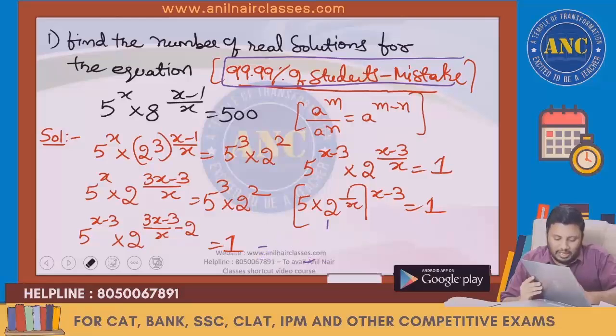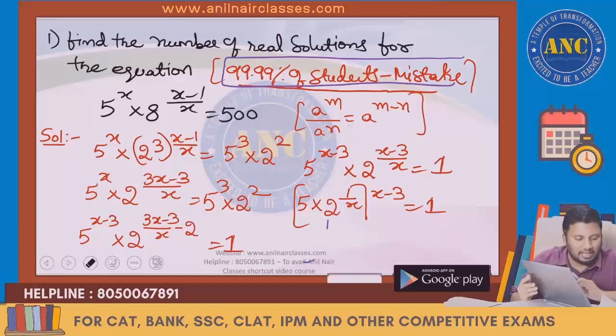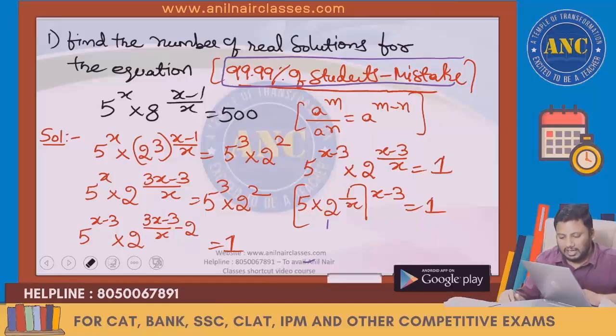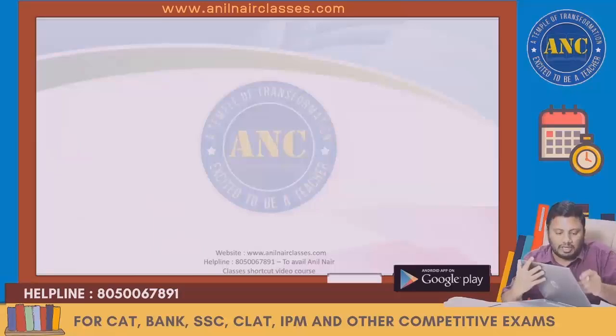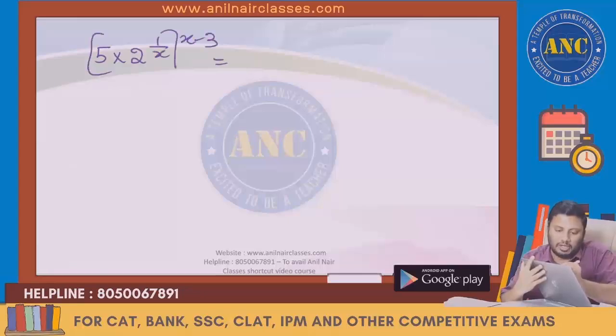Please write down till here, then I will take it in the next slide so that you can clearly see it. 5 into 2 power 1 by x, the whole power x minus 3, equivalent to 1. Till here it is clear, right? Now what is the mistake most of the students will make?